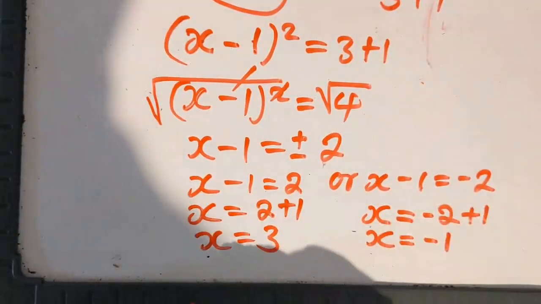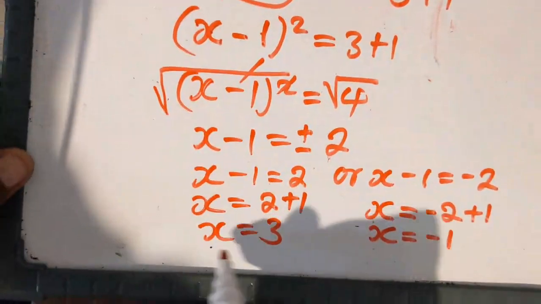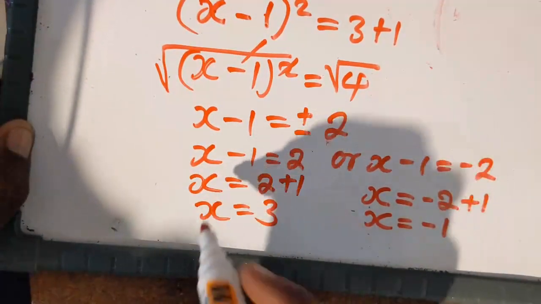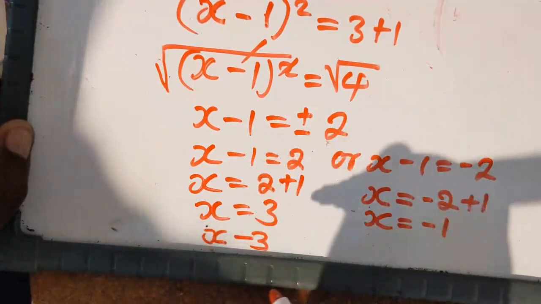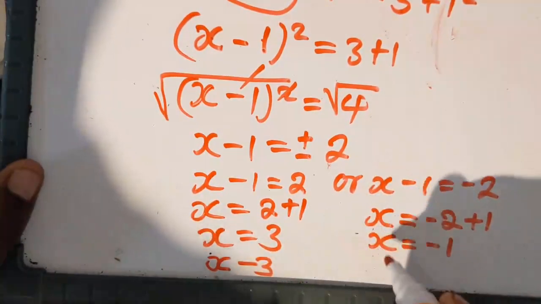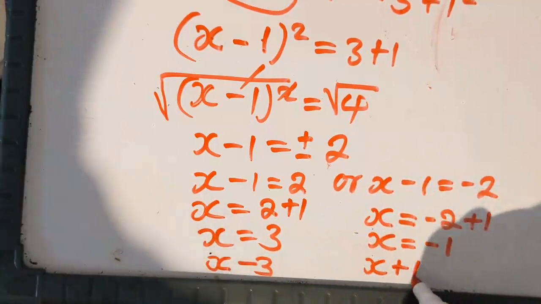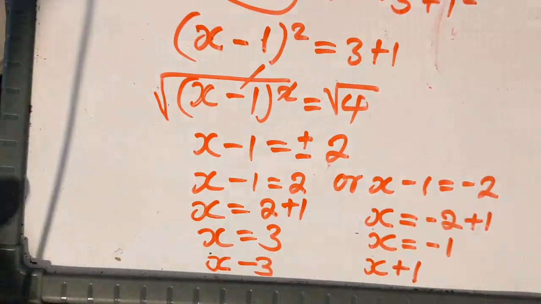So the other factors, we know that, so these are the other factors. The factor here, when we bring it this side, is the same as x minus 3. And this, when we bring it this side, is just x plus 1, right?